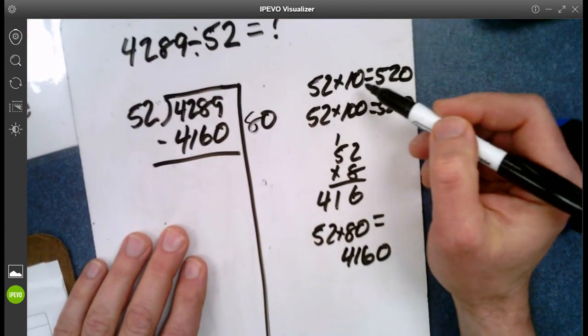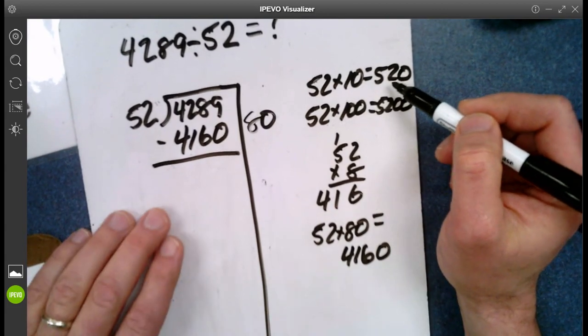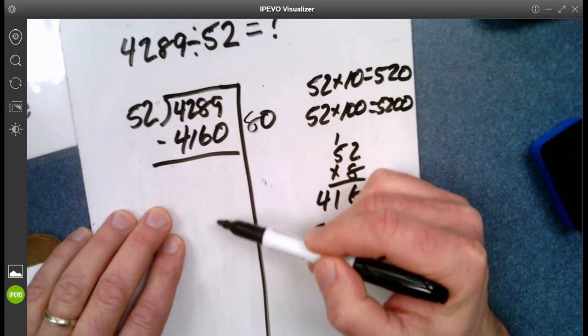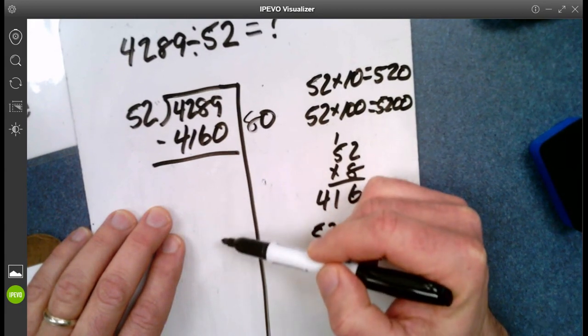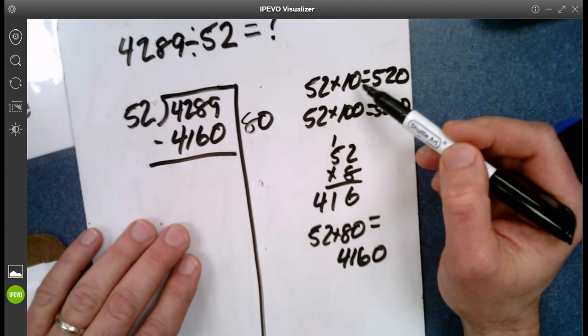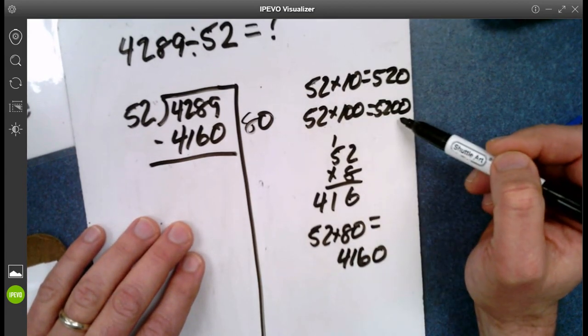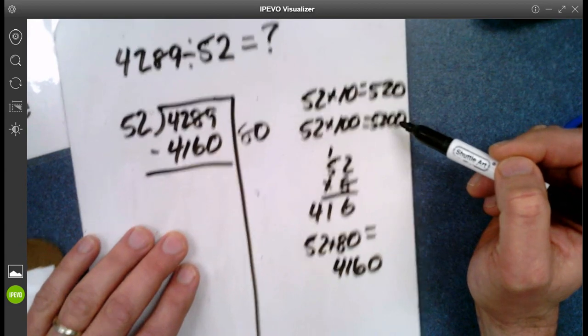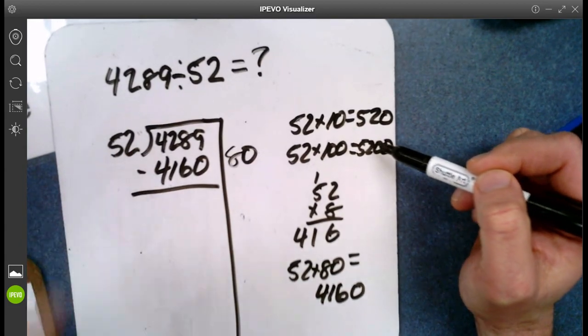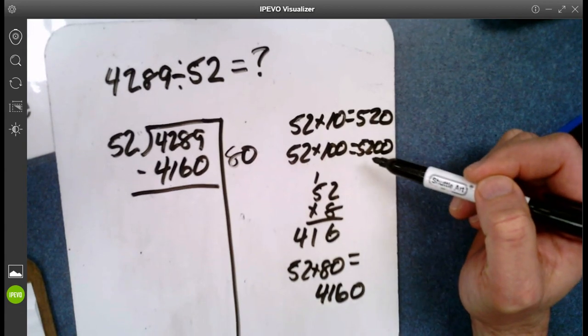And so let me walk through again what I did. I started multiplying by 10, 520. And I could have done minus 520, minus 520, minus 520, minus 520. I would have had that 8 times. It's a lot of subtracting. So I looked at 52 times 100, which was 5,200. And I know that that was too high, but it was kind of close. So I just did a guess and check.